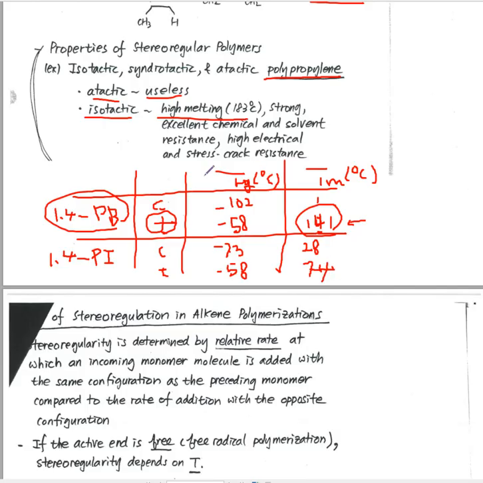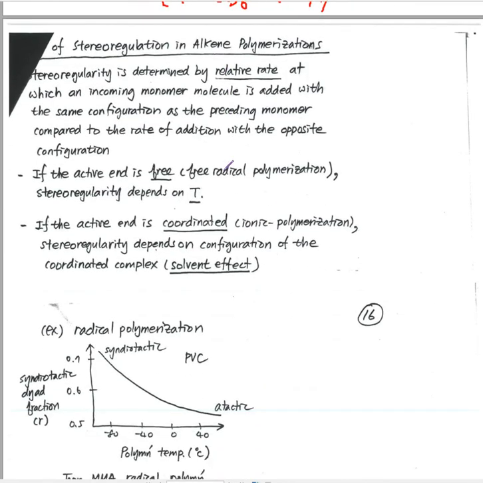Okay. Then what exactly affects this stereoregulation when you do the polymerization reaction? Here you should put the forces of stereoregulation in alkene polymerizations. Let's read. Stereoregularity is determined by the relative rate at which an incoming monomer molecule is added with the same configuration as the preceding monomer compared to the rate of addition with the opposite configuration.